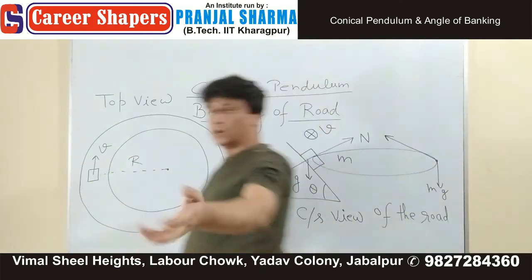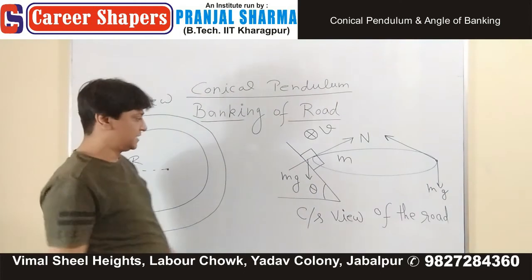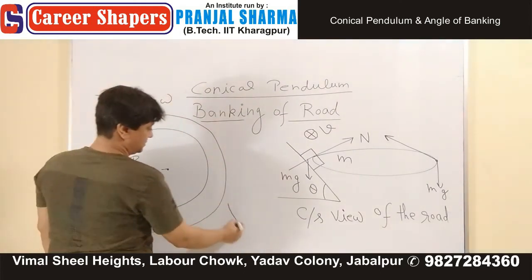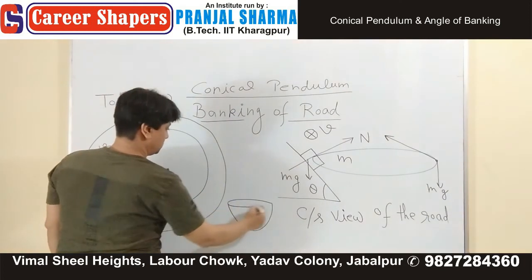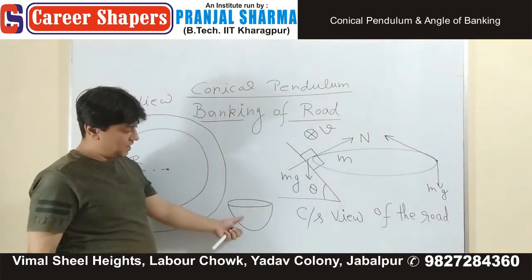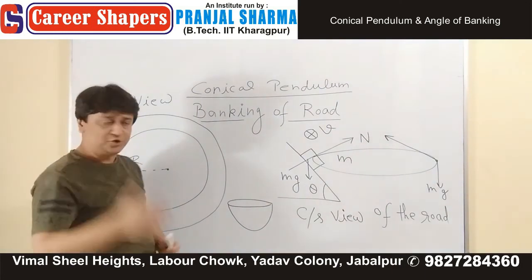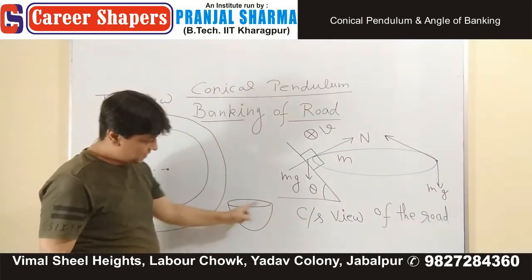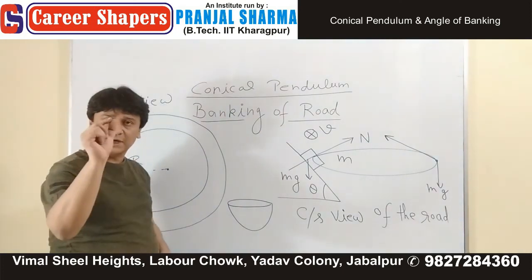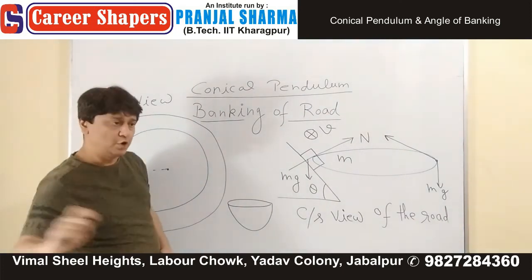I can give you a second way of understanding this. Just take a spherical ball, keep it like this, and imagine कि इस बॉल के अंदर आपने एक छोटा सा टाइनी बीड उसको लिया और फेंक दिया.